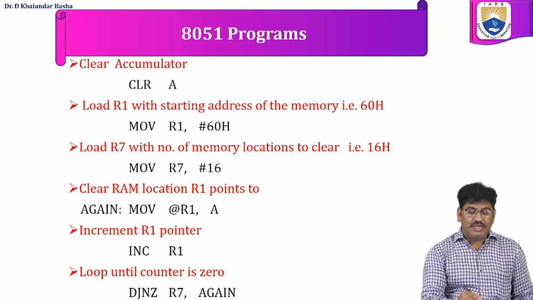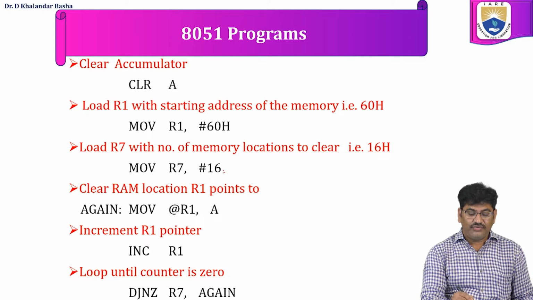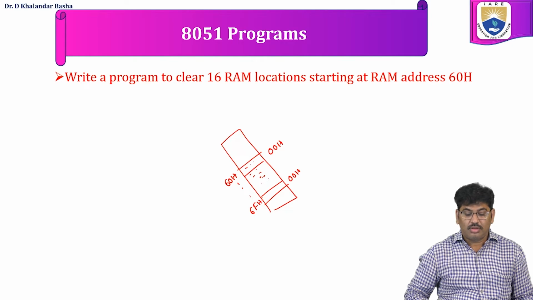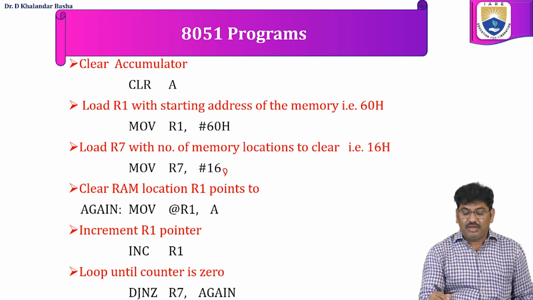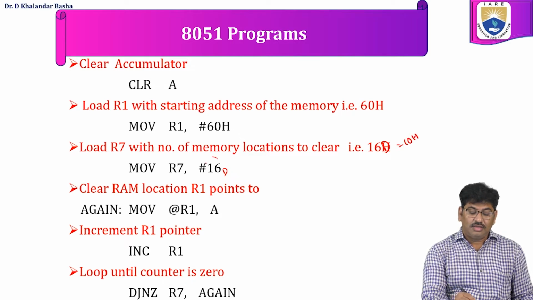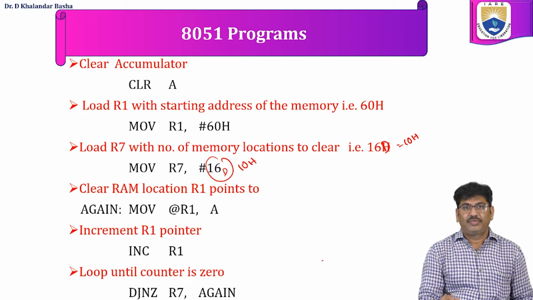The next instruction: the number of memory locations we are accessing is 16 locations. So we load 16D, otherwise we can write this as 10H, into the R7 register.